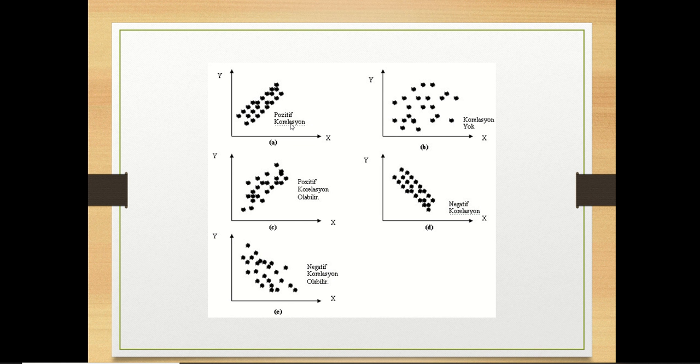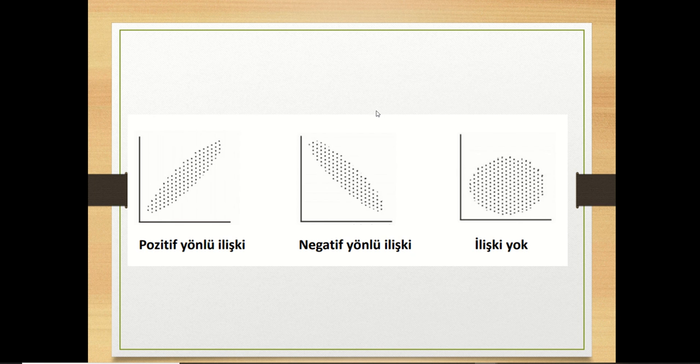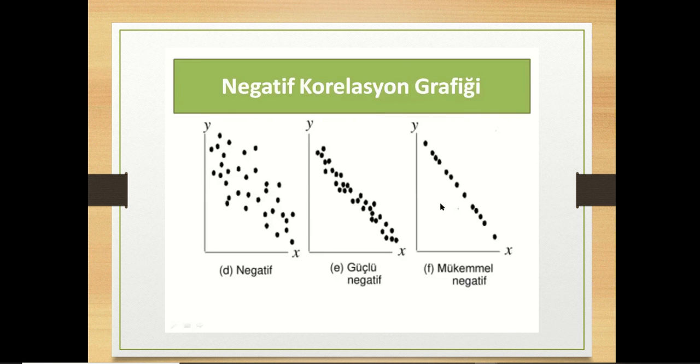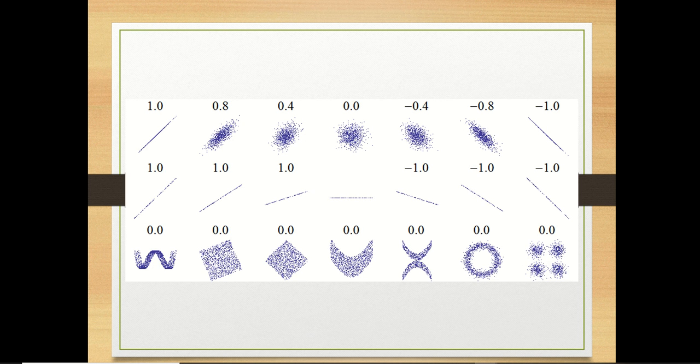Here, you have to know the correlations. This is a positive correlation. This is strong, this is weaker, this is negative correlation, and there is no correlation. These are the cases where we have no correlation.